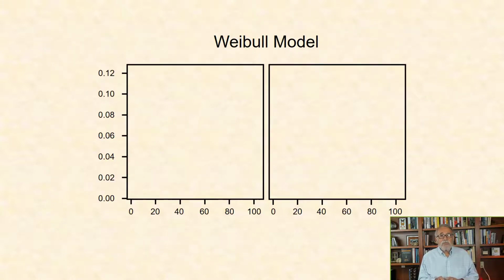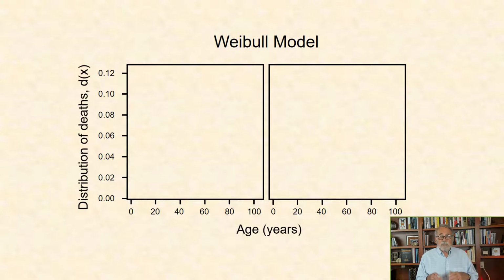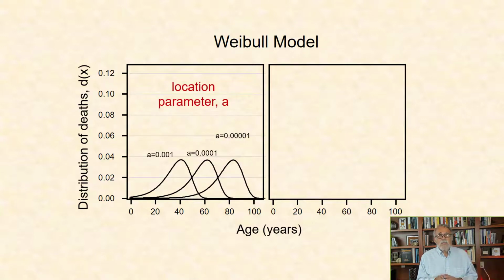Here I will show different values of these two parameters and how they affect the respective location and shape of the death distribution dx. Here we have age on the x-axis and the distribution of deaths dx on the y-axis. Different values of the location parameter A shift the mean and the range of the death distribution along the age axis, but do not change the overall shape.